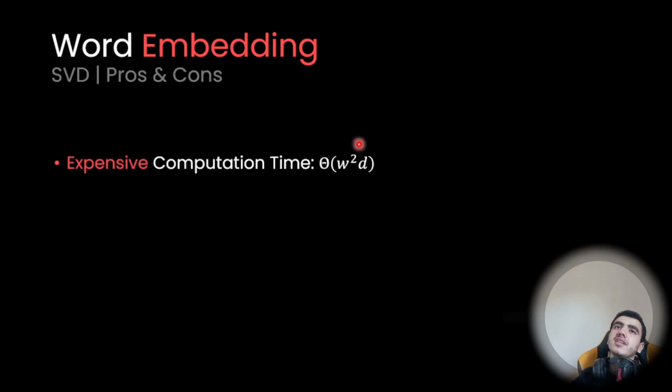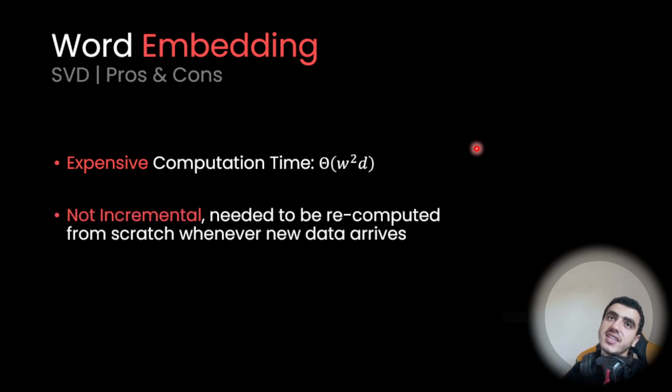So basically, the main disadvantage of using SVD is that it is expensive and not incremental. The time complexity here is W squared times the dimensions I'm choosing, where W is the number of tokens. If I have a large vocab, this will be too large to compute the SVD.